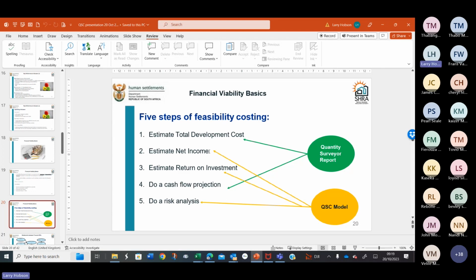Now there's guidance from the SHRA on what we estimate as net income. In the QuickScan C model, you've got guidance there on what your rental band should be. We'll go through those a little bit later.